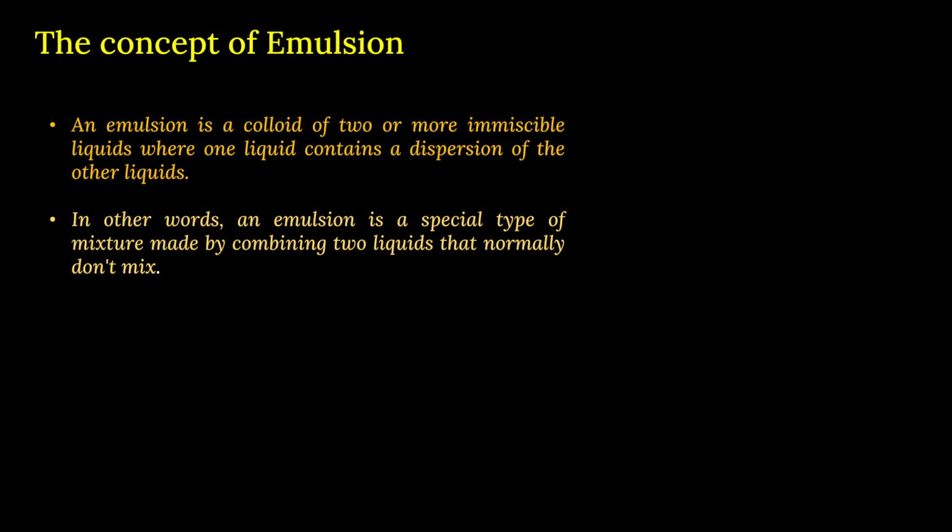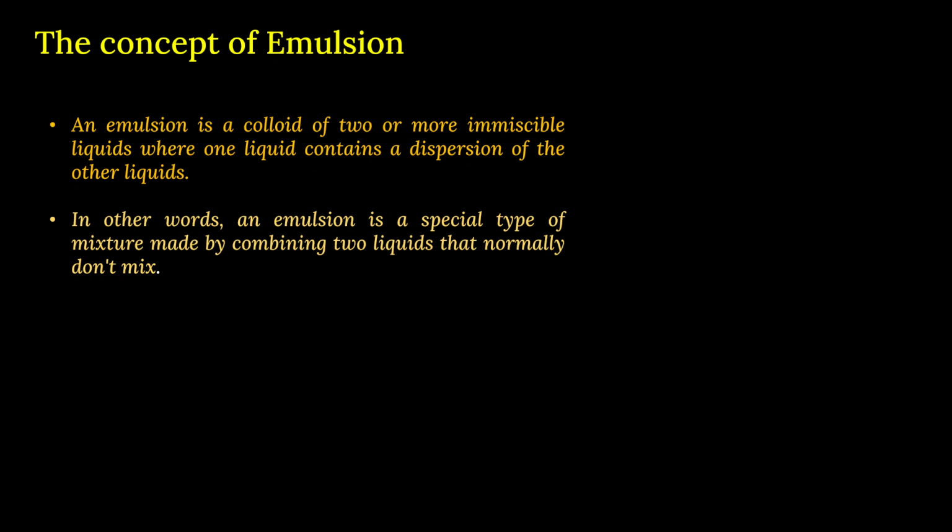In other words, an emulsion is a special type of mixture made by combining two liquids that normally don't mix. I think this narration is making it clear in your mind what exactly is called emulsification.